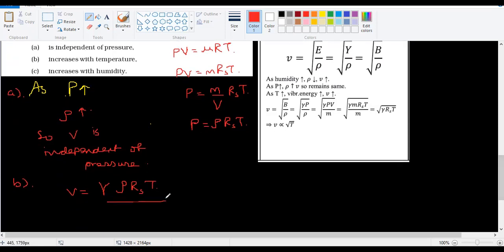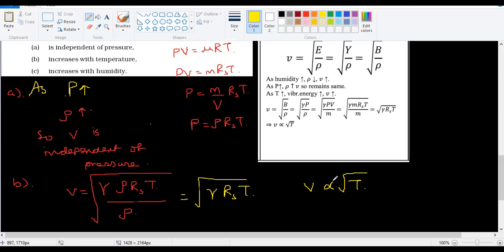In the denominator, I already have rho, density. So rho cancels. So I'll be getting gamma RsT. What this means is velocity is proportional to the square root of temperature. So as temperature increases, velocity will also increase. Sorry, as T increases, V will increase.